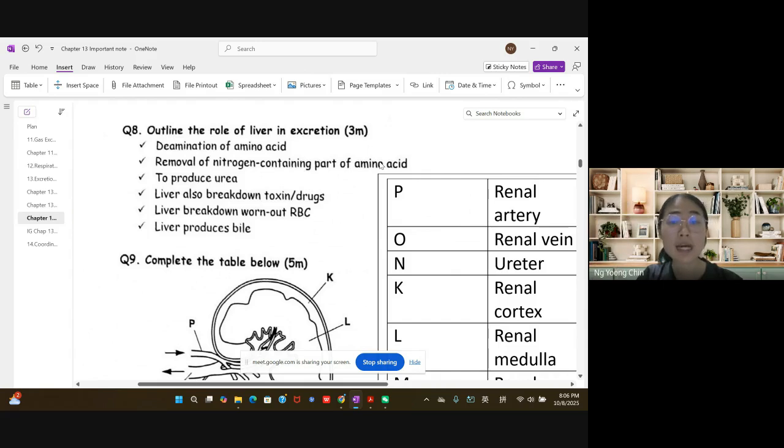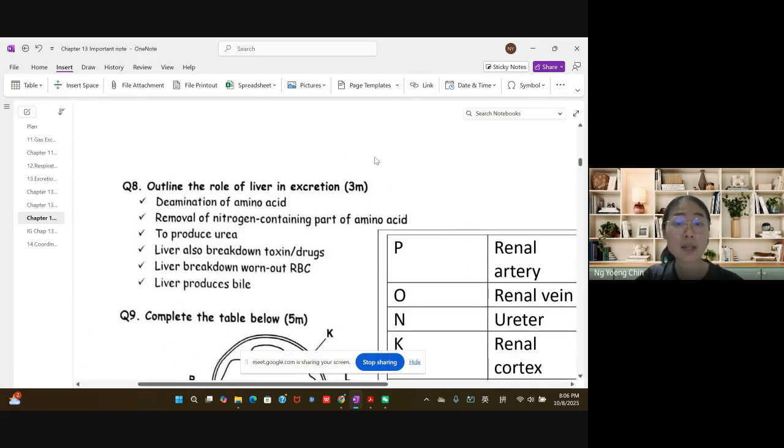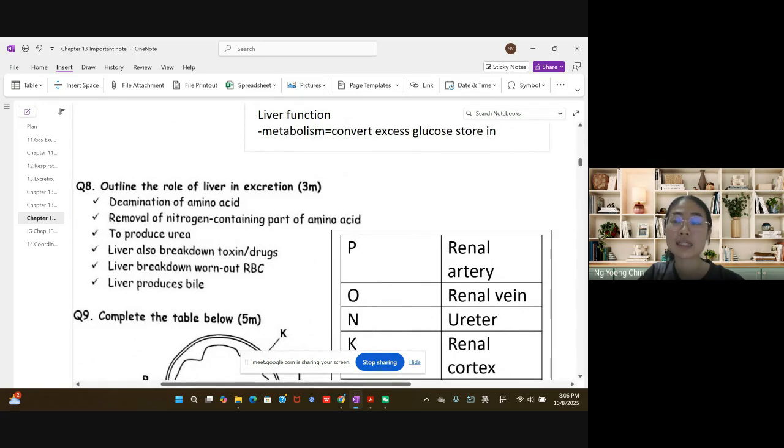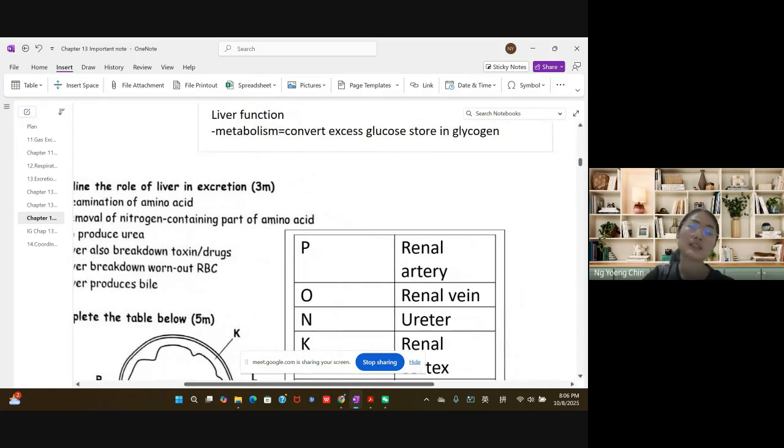What can the liver do? When we talk about the function of the liver, it can do metabolism. The metabolism includes carbohydrate, protein, and lipid metabolism. For example, carbohydrate metabolism includes converting excess glucose and storing it as glycogen inside the liver.